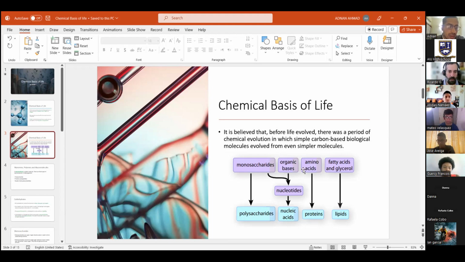You guys may have heard of the DNA, right? Do you know what the DNA is? Yes. Okay. So amino acids join together and they form proteins, and fatty acids and glycerol form lipids.